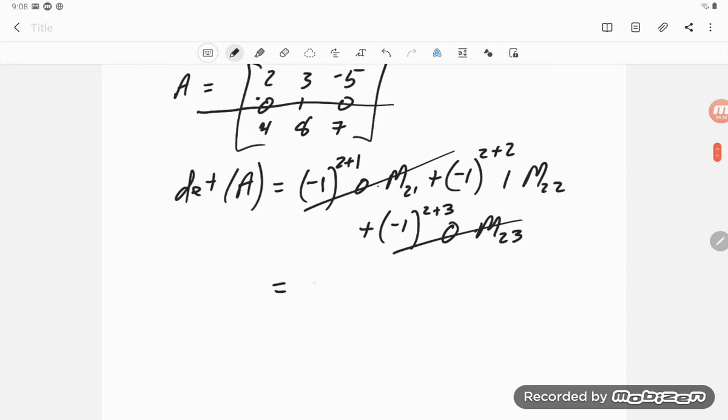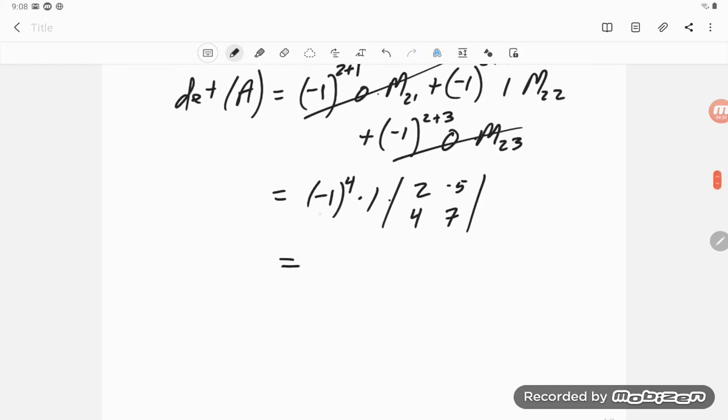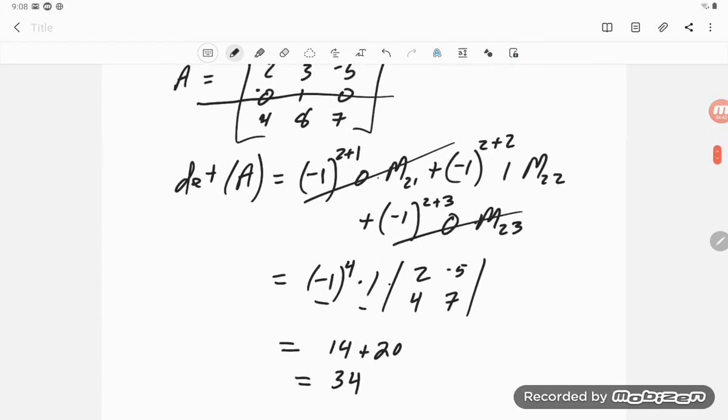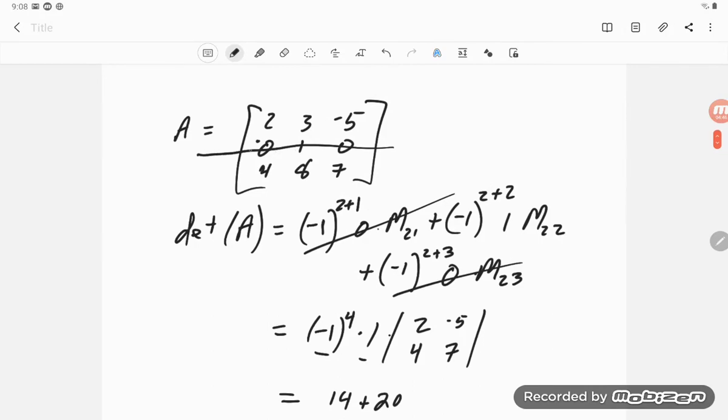And so my determinant of A is -1 to the 4th times 1 times my minor M2,2. So that's going to be the determinant of 2, 4, -5, and 7. And so I get 14 plus 20, or 34. So much easier than trying to expand by the first row.